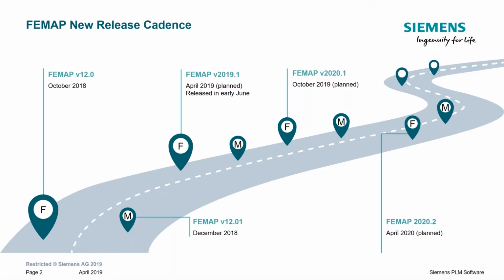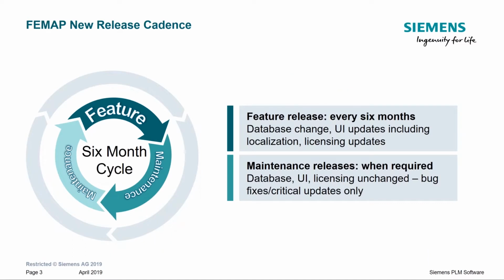Now there has been a bit of a change in our release cycle, really to align ourselves with the rest of the Digital Industry Software group. By the way, we are now referred to as Siemens Digital Industry Software rather than Siemens PLM Software. I guess that became official on Tuesday.